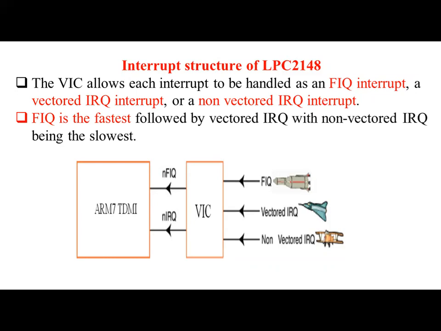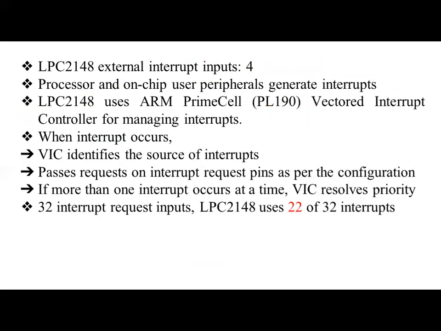See here the figure showing all three: FIQ, vectored IRQ, and non-vectored IRQ. FIQ is the fastest, followed by vectored IRQ, with non-vectored IRQ being the slowest.